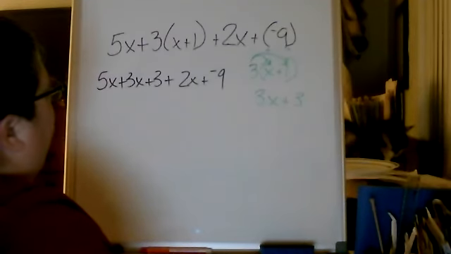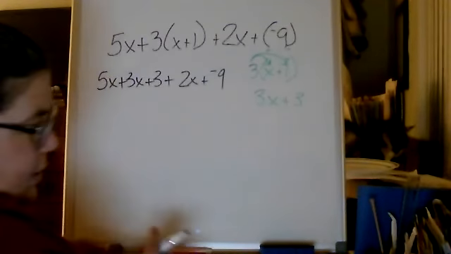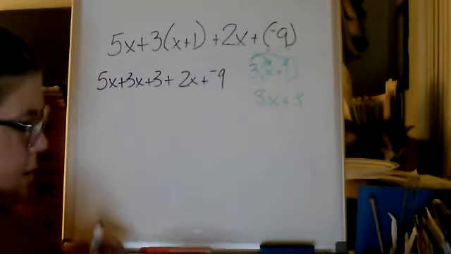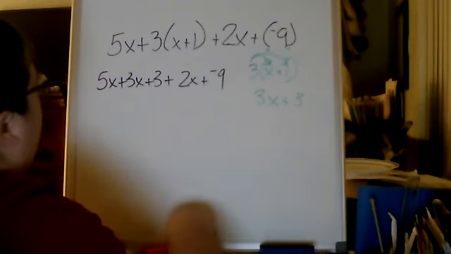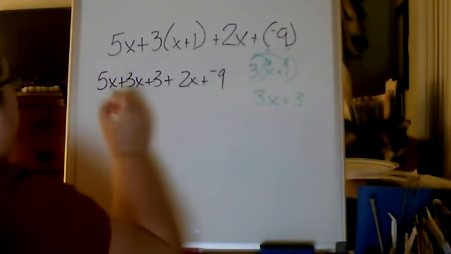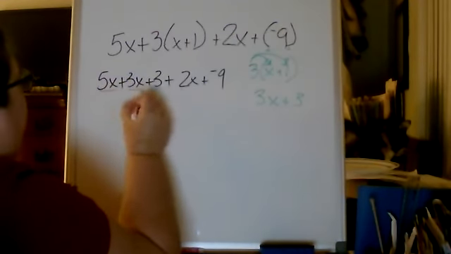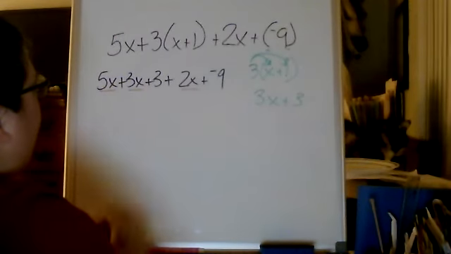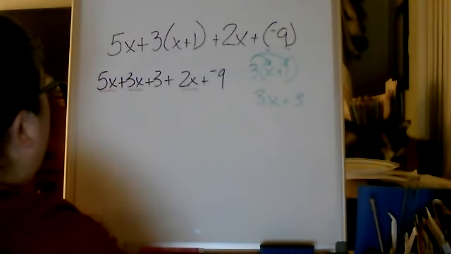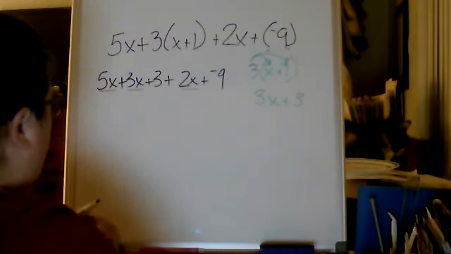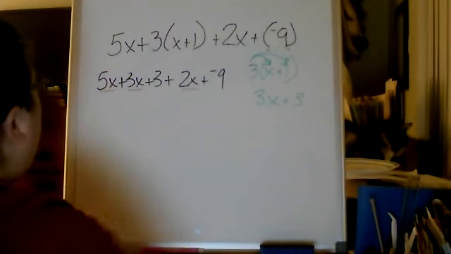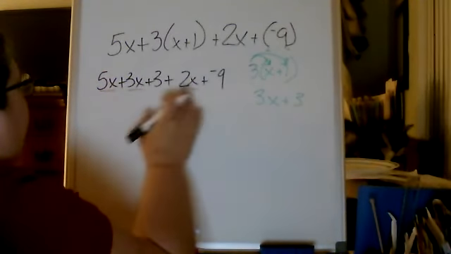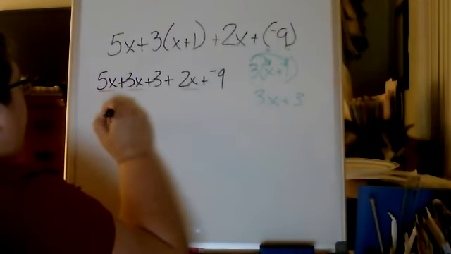Okay. So our like terms are this one with the x, this one with the x, and this one with the x. And those are all addition, of course, but they're all adding positive numbers. So 5x plus 3x plus 2x is going to be 10x.